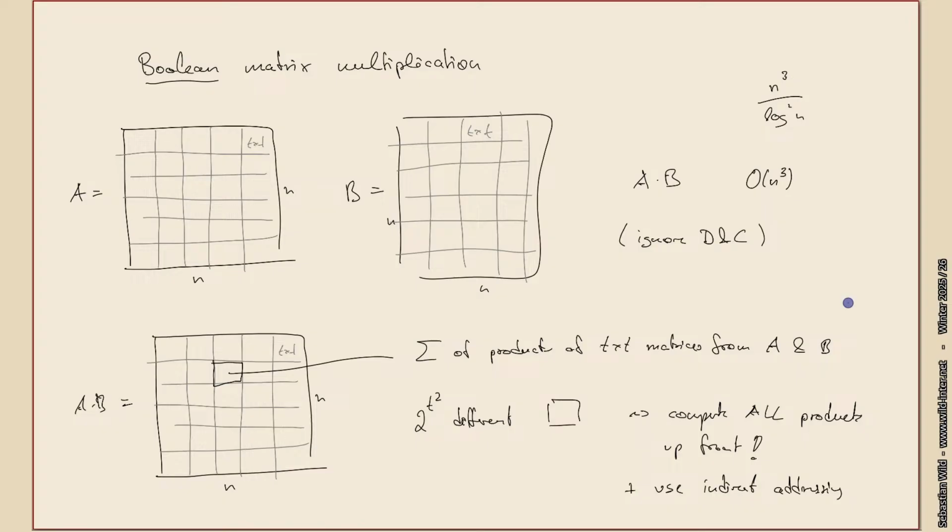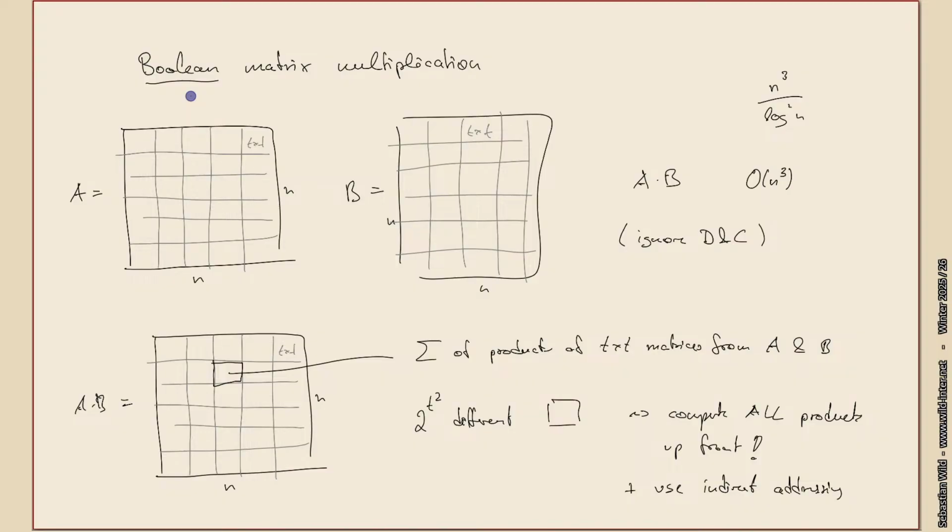Let me also point out here, when we say Boolean matrix multiplication, you actually have to say what you mean by that. What are the operations, multiplication and addition? If the input is a 0, 1 matrix, you may still have in the output numbers up to n, right? You could sum up to n entries, all of at most value 1.